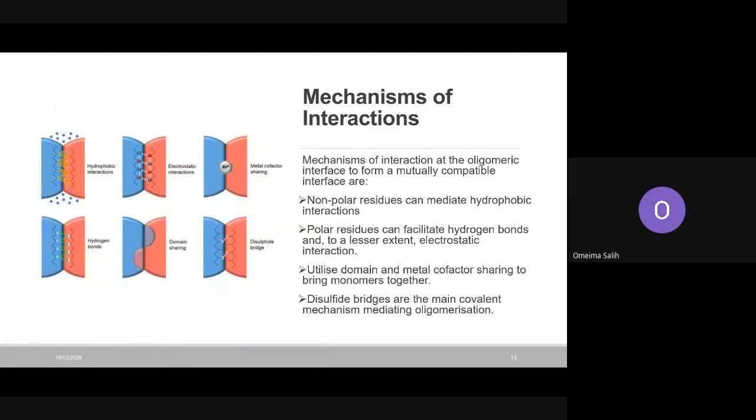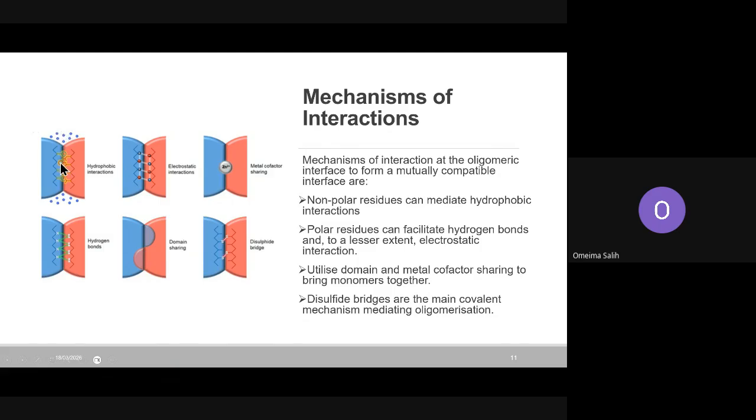Okay, mechanisms of interactions. As you can see here from the different types of represented diagrams, if the type of amino acids are non-polar residues, this can produce what we call hydrophobic interactions. And of course, they are buried, and the solvent is hydrophilic.